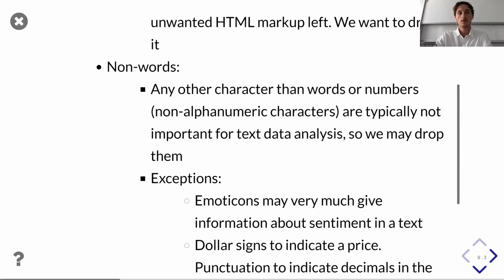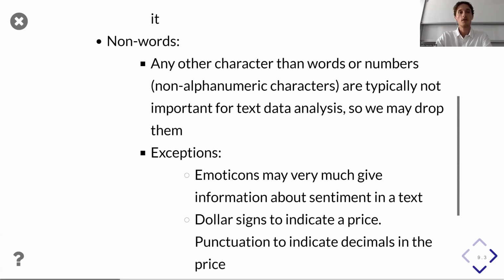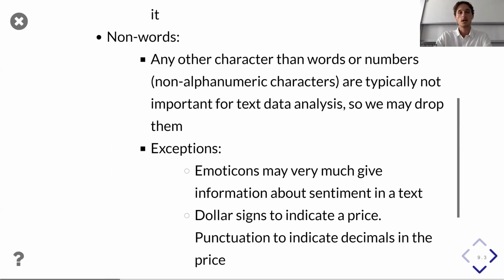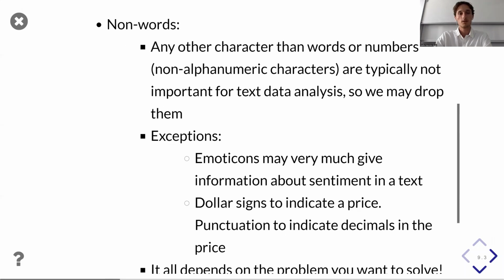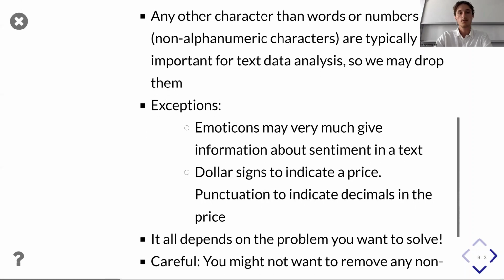So third, there may be some non-words. What do I mean by that? That's characters that are not words or numbers, so non-alphanumeric characters, and they are typically not important for text data analysis. So we might drop them. There are some exceptions.